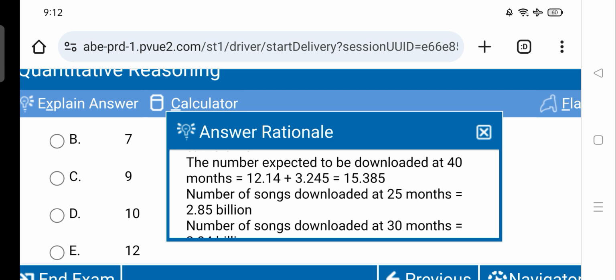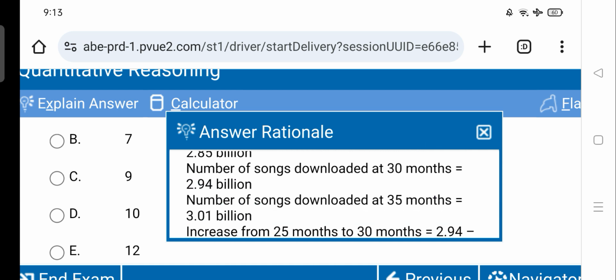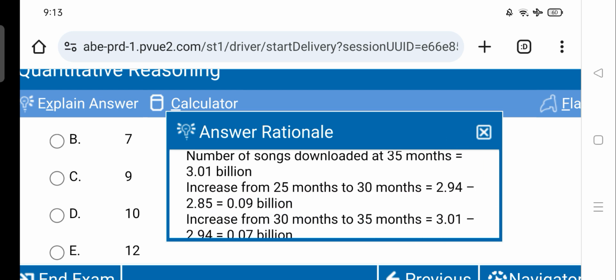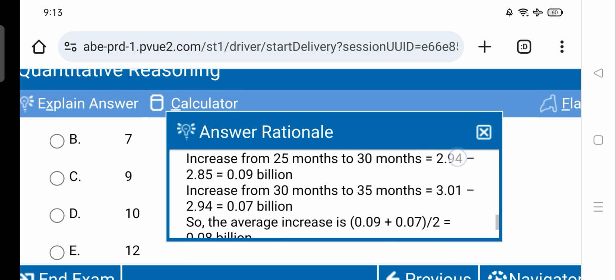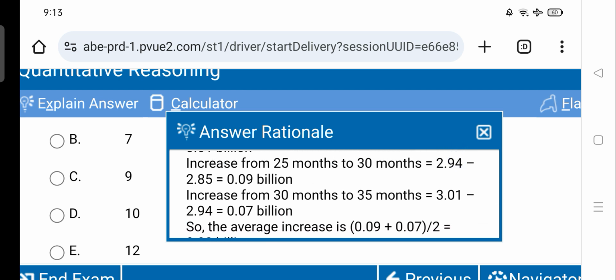The number of songs downloaded at 25 months equals 2.85 billion. Number of songs downloaded at 30 months equals 2.94 billion. Number of songs downloaded at 35 months equals 3.01 billion. Increase from 25 to 30 months equals 2.94 minus 2.85 equals 0.09 billion.